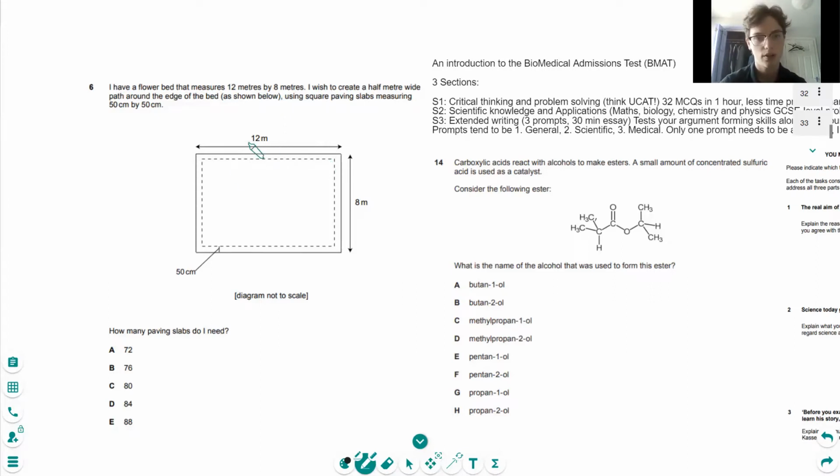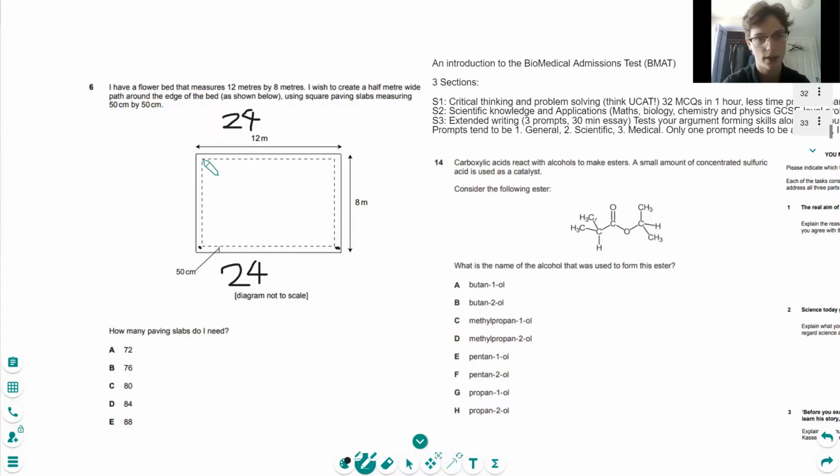If it's a 12-metre length and the paving slabs are ½ metre long, you can fit 24 over this side. And you can also fit 24 down the bottom as well, because it's the same length. Now, the trick with this question is that if I put 24 paving slabs along the bottom, it reaches from edge to edge.